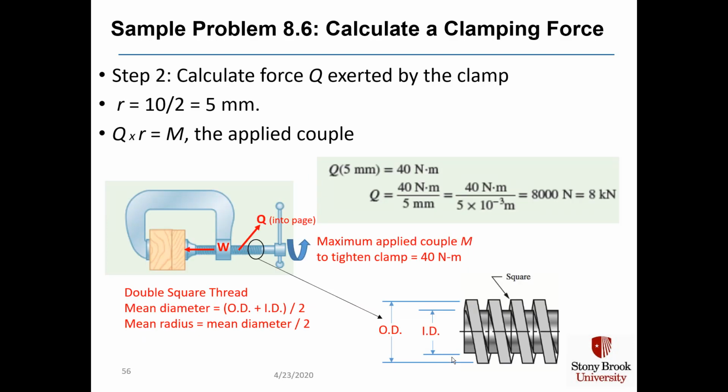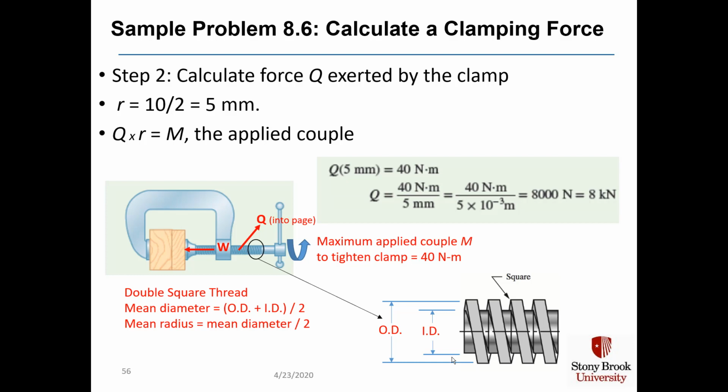We now calculate the force Q exerted by the clamp. They told us that the diameter is 10 millimeters, so the radius is 5 millimeters. Then Q times r is M, which is the applied couple. So Q is 40 Newton meters divided by 5 millimeters, which is 8 kilonewtons.